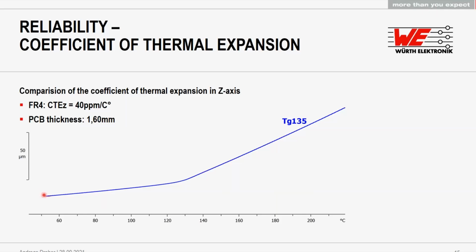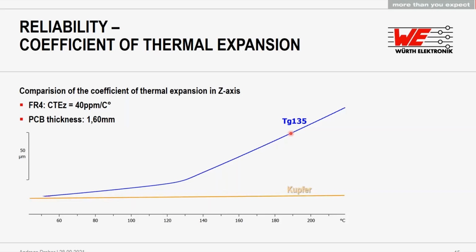We start here at 50 degrees. When we heat it up, it will expand pretty slowly until we reach the TG value. And then the material softens and the expansion increases drastically, and we go on with CTE values up to 200 or 300 ppm per Kelvin.